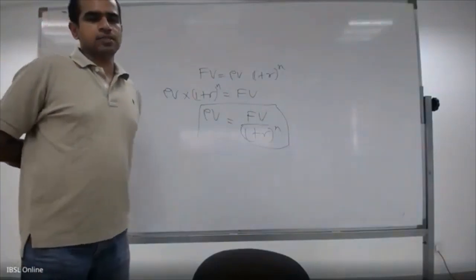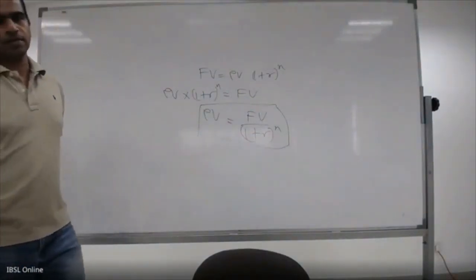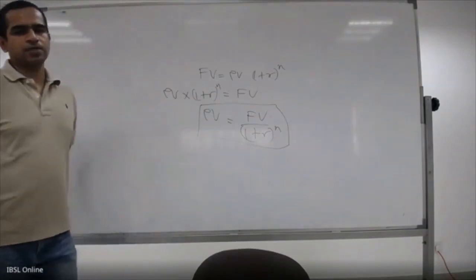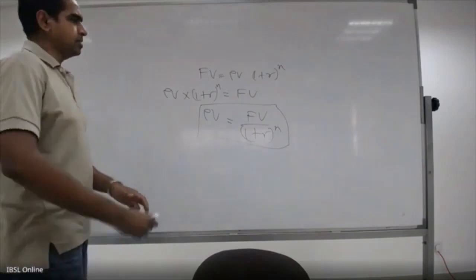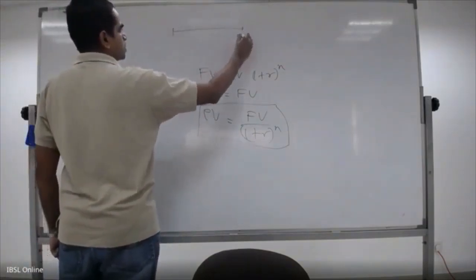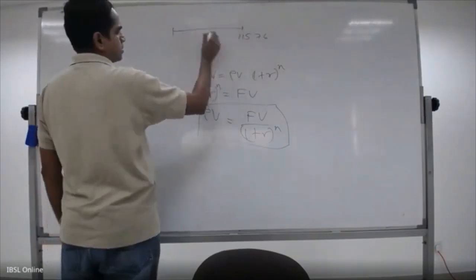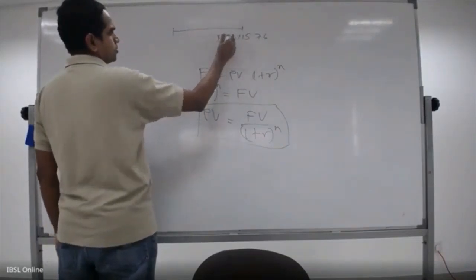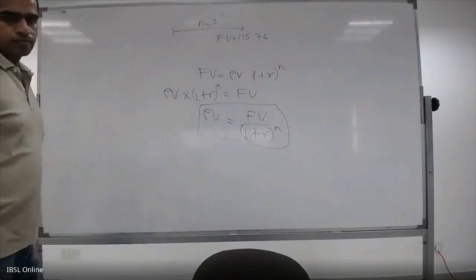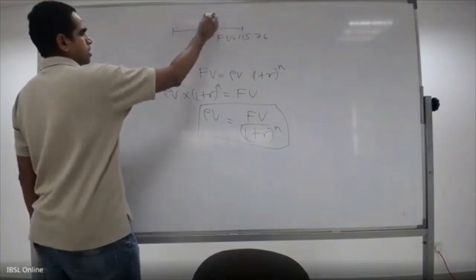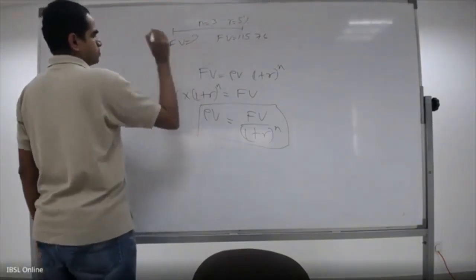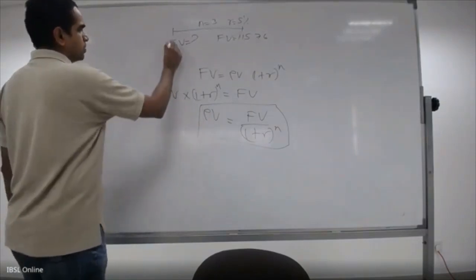Under 115.76 is due in 3 years. If a bank pays a guaranteed 5% interest rate each year, how much would you need to deposit now to have 115.76 in 3 years? Right, so let's try this. You need 115.76 in 3 years, right? So this is the future value, and the time period is 3. Guaranteed interest rate of 5%, so R is 5%. Question is, what is the present value?